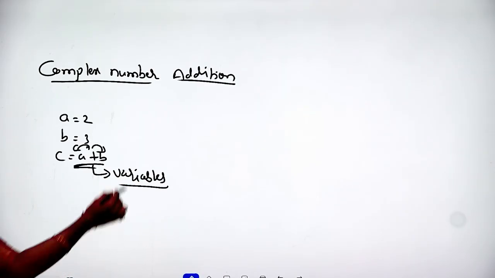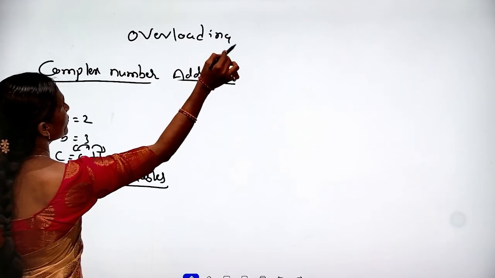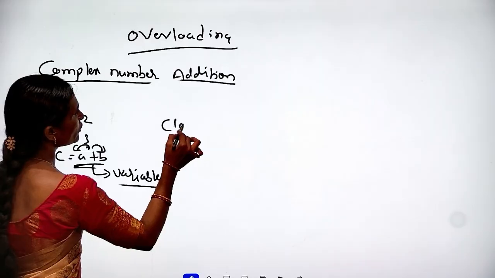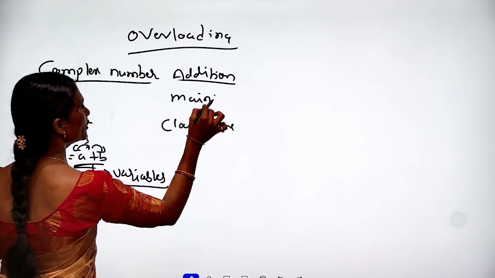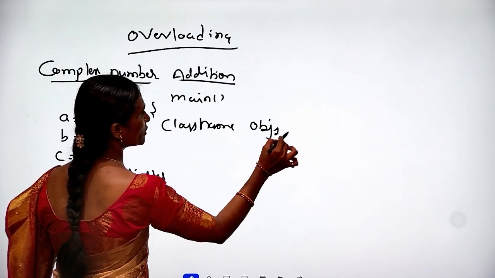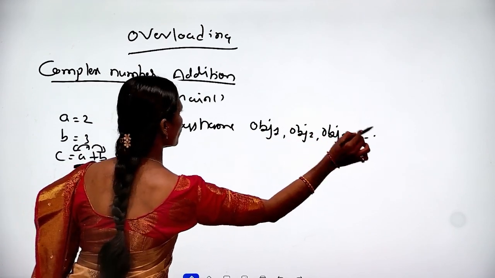But the overloading here works on objects rather than variables. Here you are going to create a class name in the main method. You have to create the objects: class name object 1, object 2, object 3, and so on.